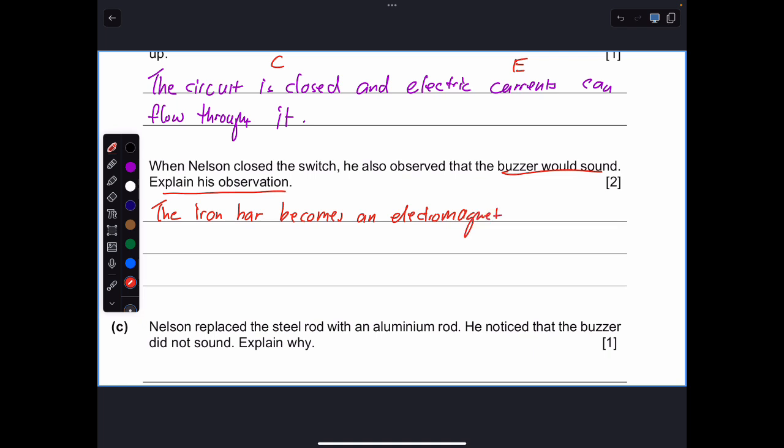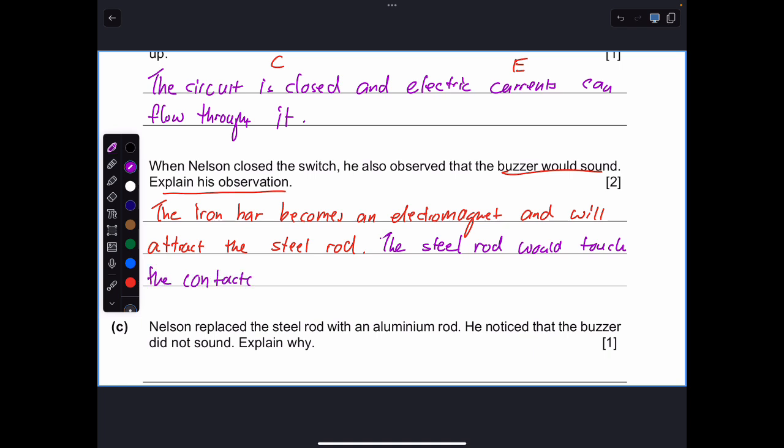Okay, and will attract. So attract what, right? I say already, the steel rod. And then what happened? The steel rod would touch or came into contact with the metal contacts.